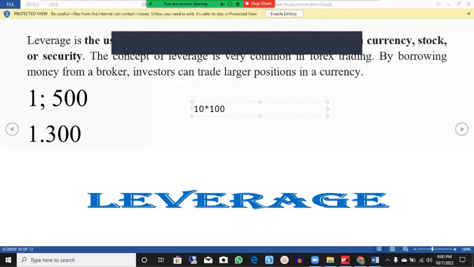So roughly you'll be having 1,000. So that will be the equity the broker will give you, and it can only open 0.01 position. Of course, it's normal.